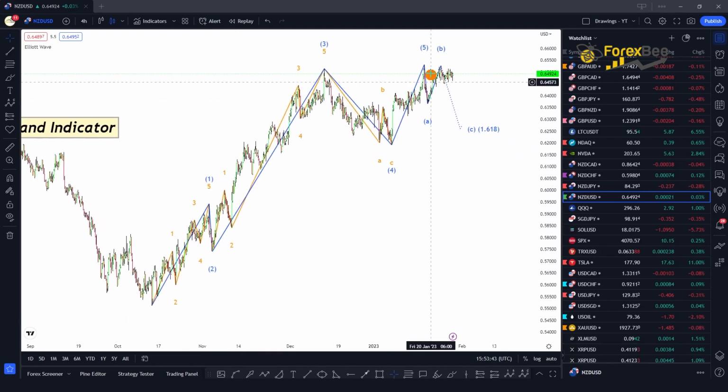And you can also use this projection method to project where the price might be headed.